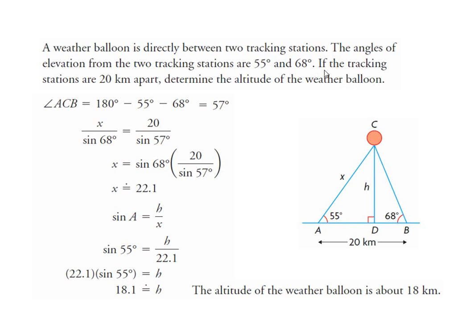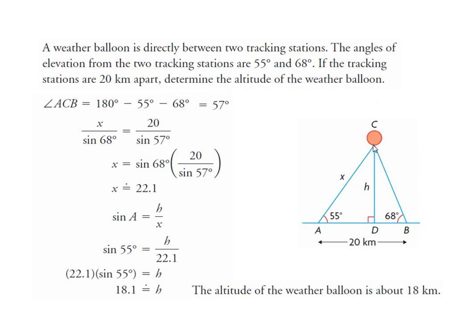If the tracking stations are 20 kilometers apart, so the length is 20 km. Determine the altitude of the weather balloon. The altitude is the height. This word altitude means the height.